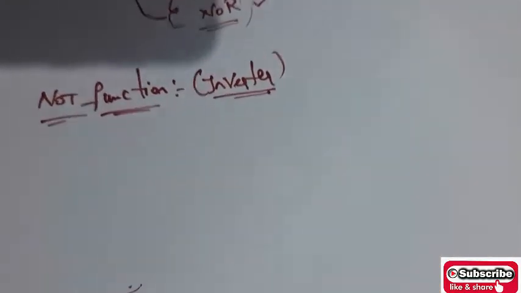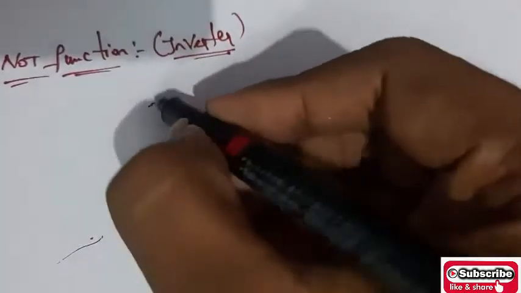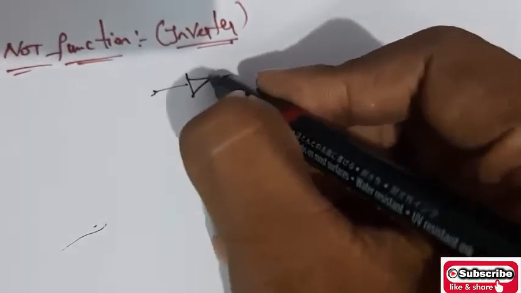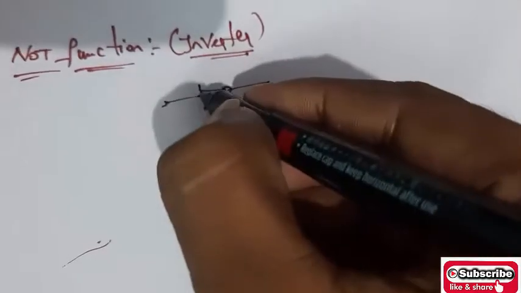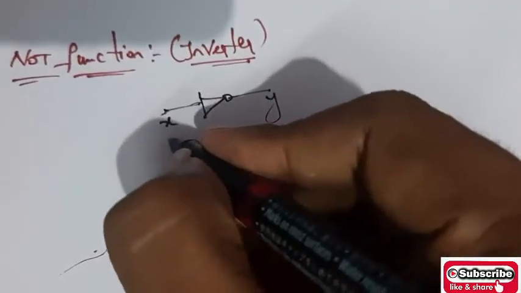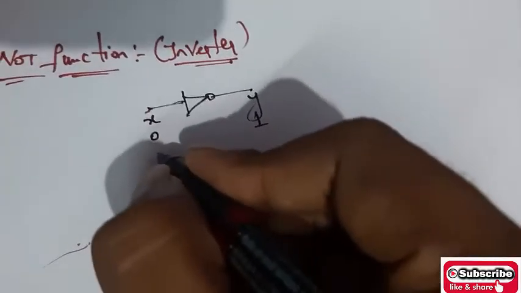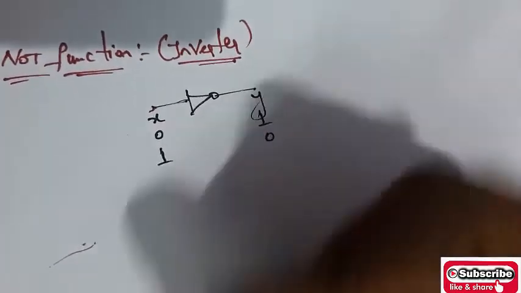We already know the symbol of the inverter. This will be the X input, this will be the output Y. If you give the input 0, you will get the output 1. If you give the input 1, you will get the output 0.